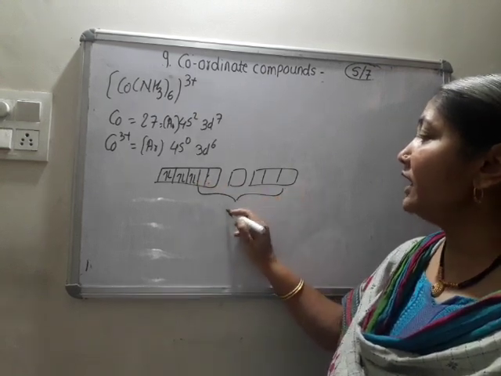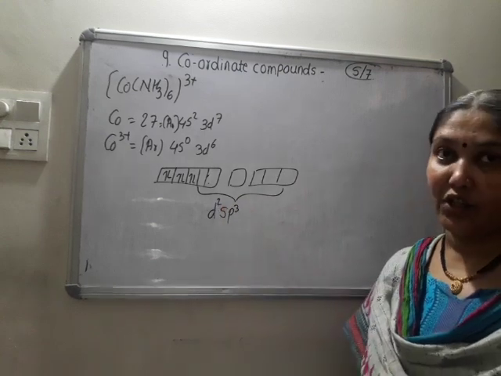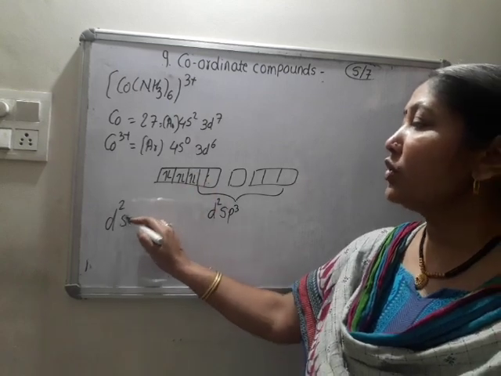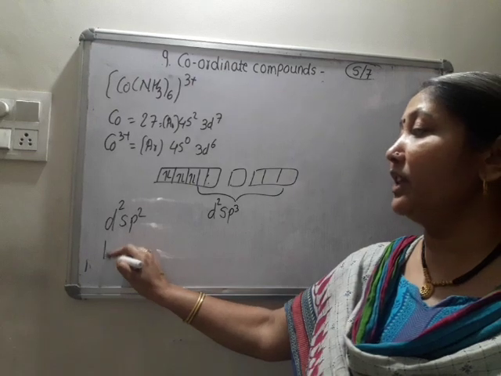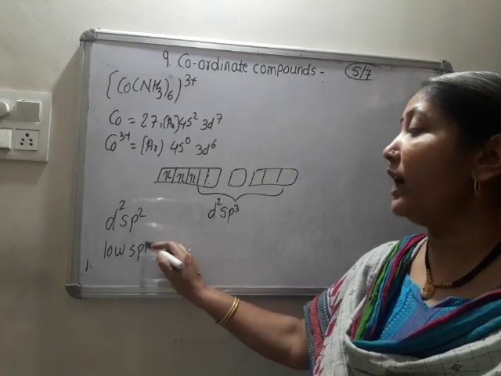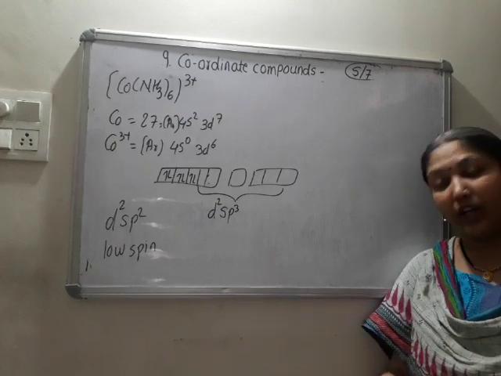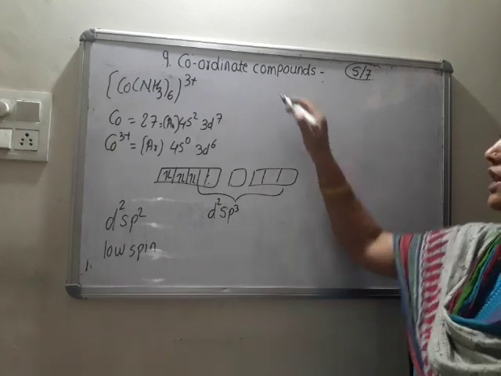So what do we get? d2sp3 hybridization. So the inner orbital is used, so its hybridization is d2sp3. And this is also called low spin. Why? Because the number of unpaired electrons is less. Spin means unpaired electrons. Less number of unpaired electrons, so it is low spin.